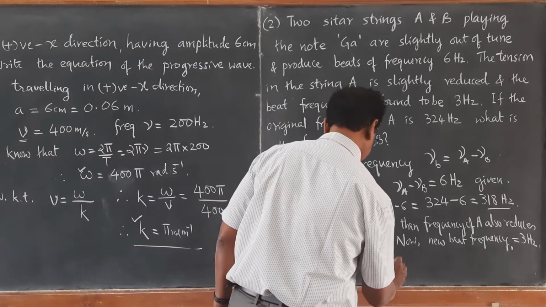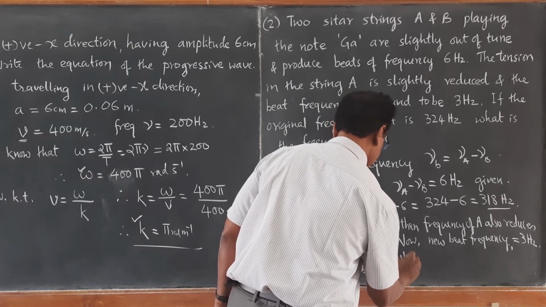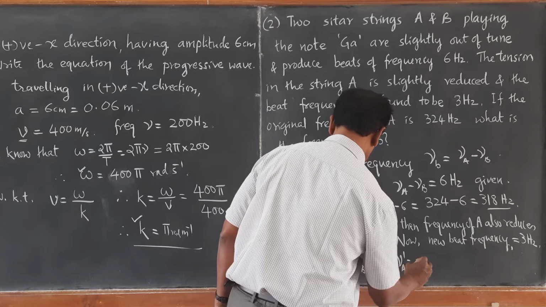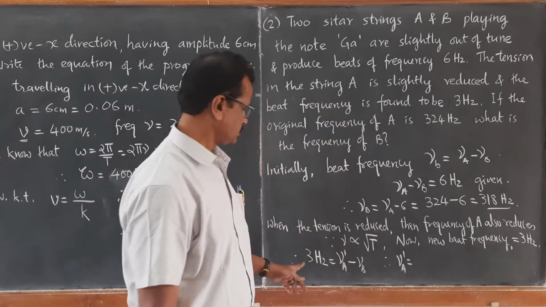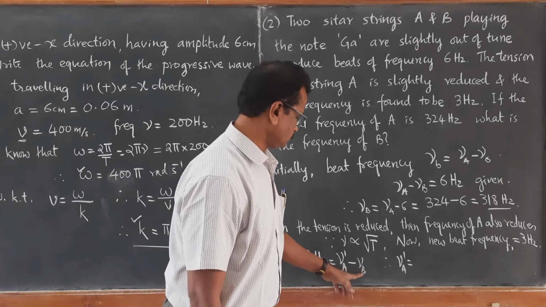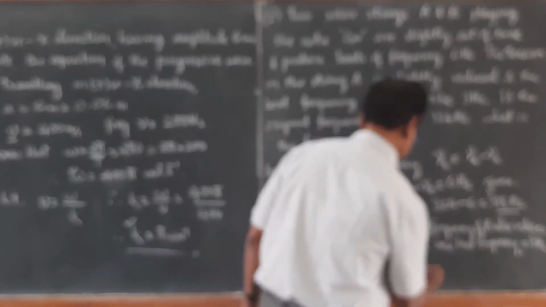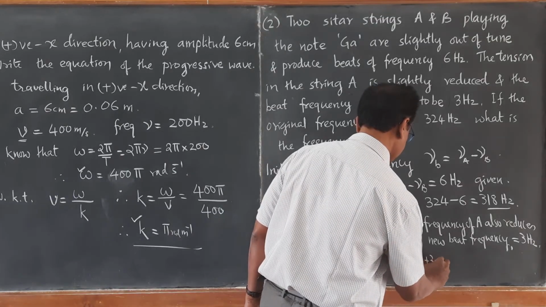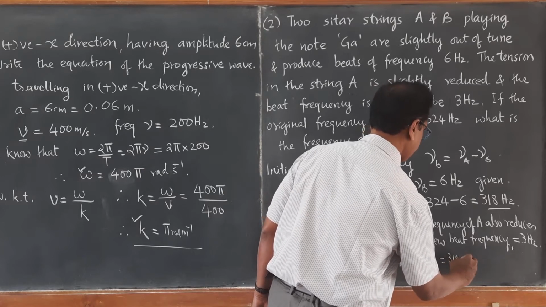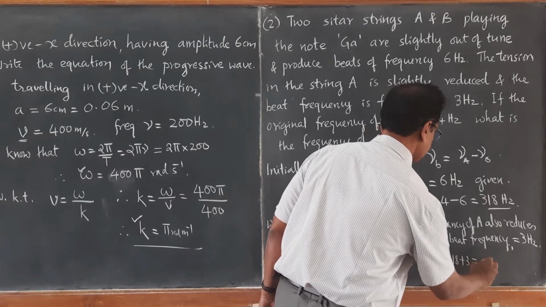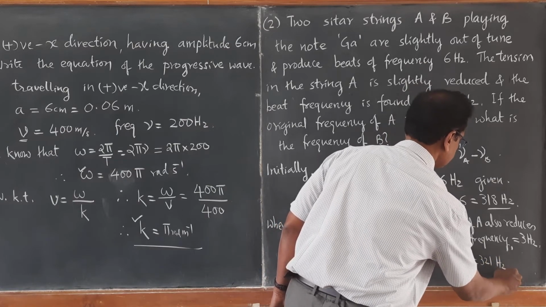Therefore, nu A dash is equal to nu B plus 3 hertz. That is 318 plus 3. So it becomes 321 hertz.